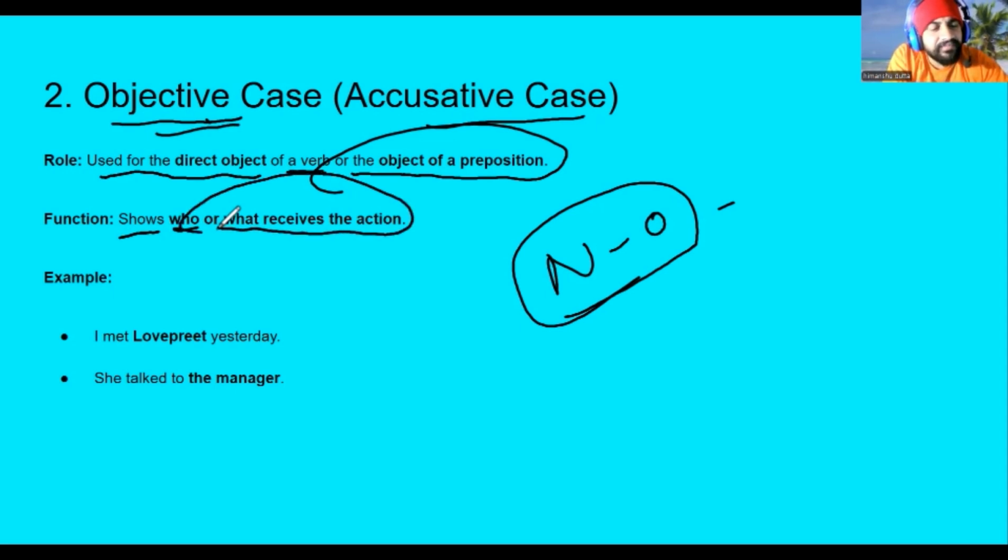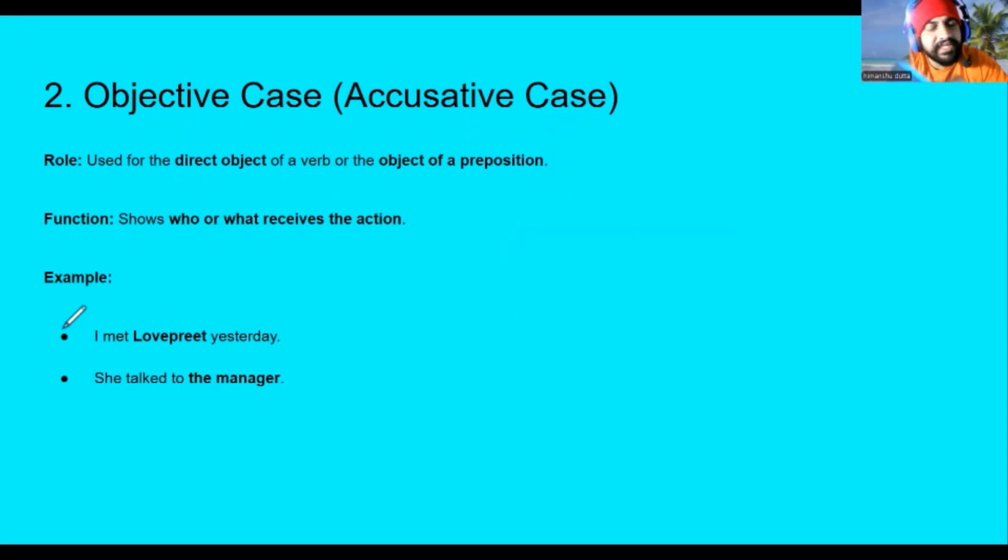That means if a noun or pronoun is written in the object's place, then that particular noun or pronoun will be in the objective case. So the objective case is the accusative case. It shows who receives the action. Here we are not talking about accusing somebody; we are talking about who has received the action.